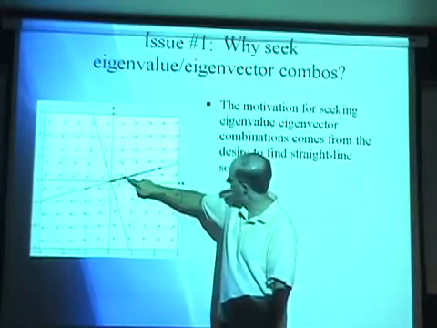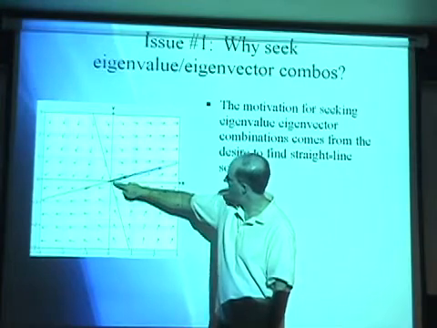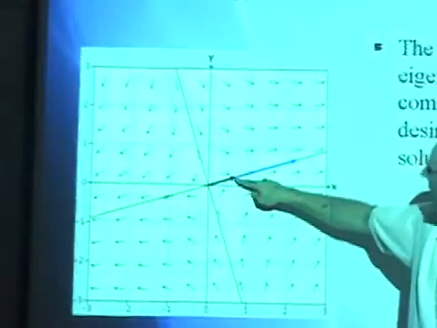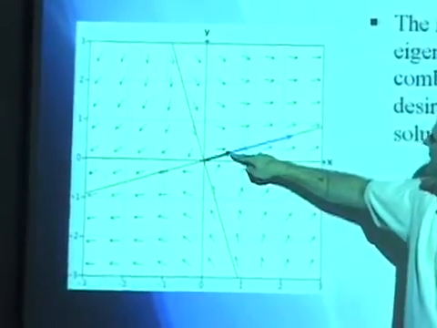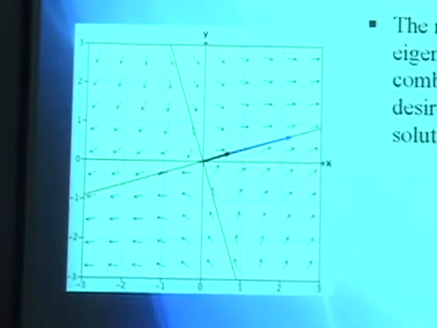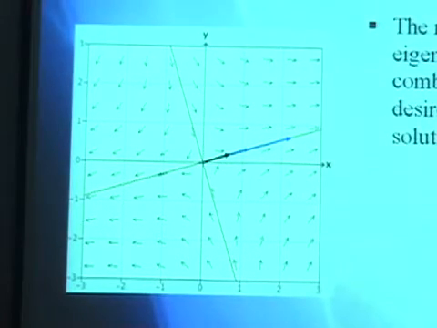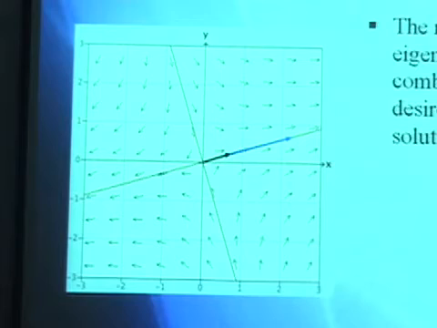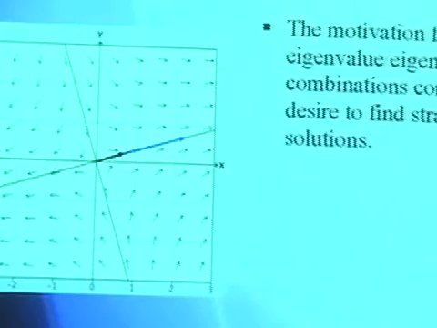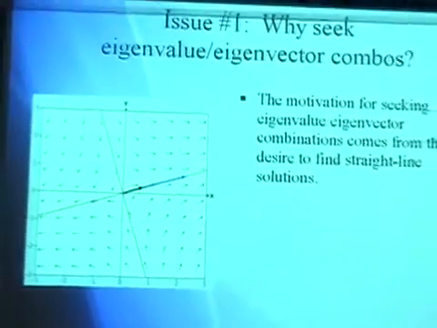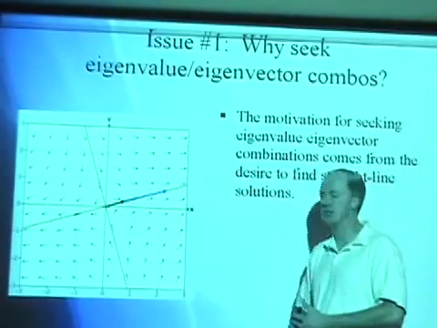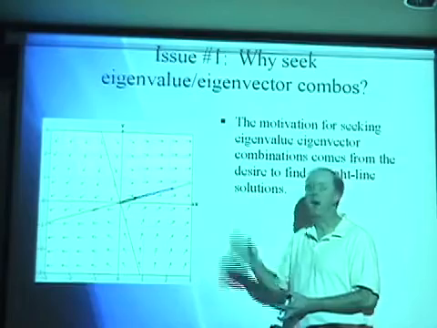So for example, for this point right here, at the tip of the black arrow is its position vector. Call that point V. The black vector would correspond to V. The blue vector that you see there is A times V. That's the output of the vector field that's pointing straight away from the origin when you put its base at that point, V. We notice that this happens, and because of the fact that we know that solution curves follow the vector field, this leads us to think that there could be solutions to these linear systems that lie along straight lines.